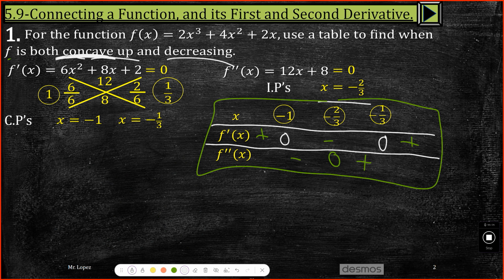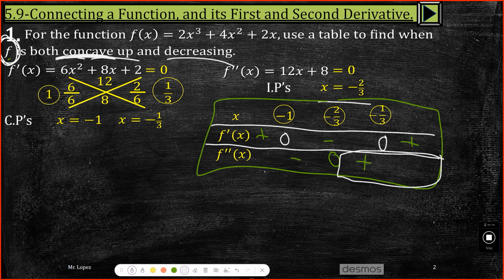And concave up means what? Second derivative is positive. So we're looking at this. And then what else are we looking at? Decreasing. That f is decreasing. Where's f decreasing? The first derivative is what?